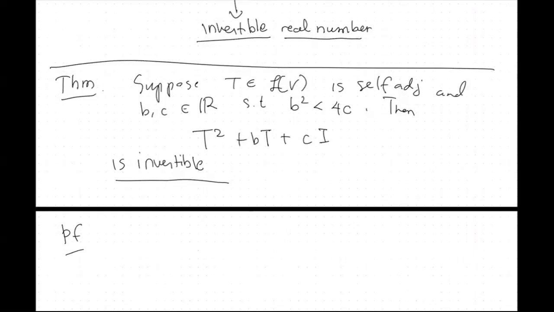So here is the proof. Let V be a non-zero vector and T be a self-adjoint linear operator.